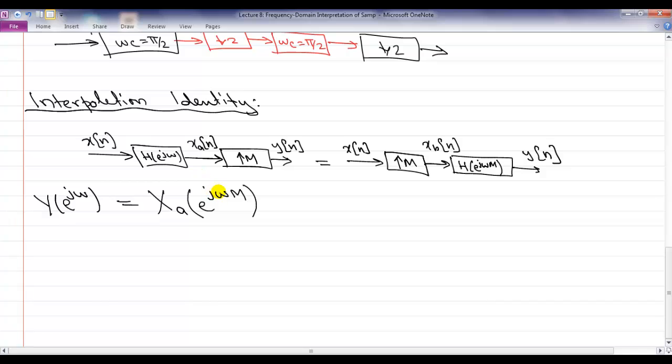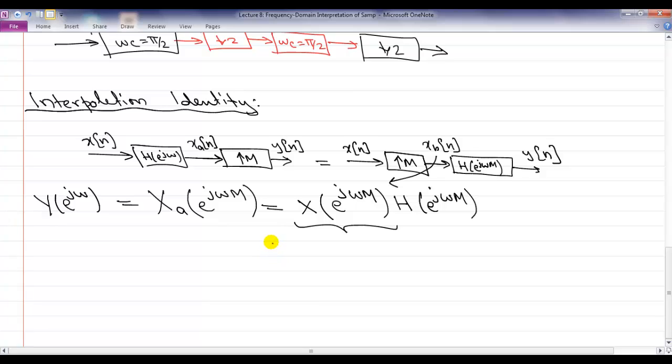Now let's take x_a and figure out what that is. That is simply equal to the input X(e^{jωM}) times the frequency response H(e^{jωM}). Now X(e^{jωM}) is simply a scaled version of the frequency of x by a factor of 1 over M, so that is simply the Fourier transform of x_b[n].